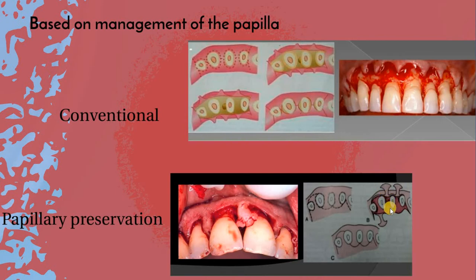Then, as you see here, you put it back inside, and the papilla will be without cut and in its exact position. So we just have conventional and papillary preservation according to papillary management.